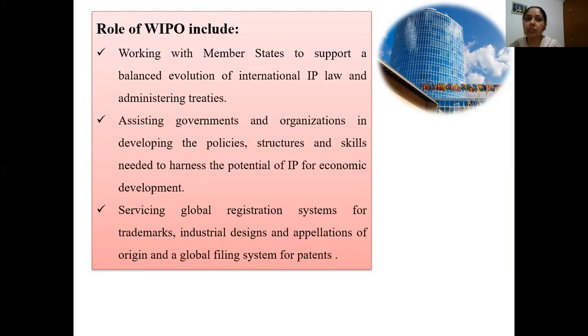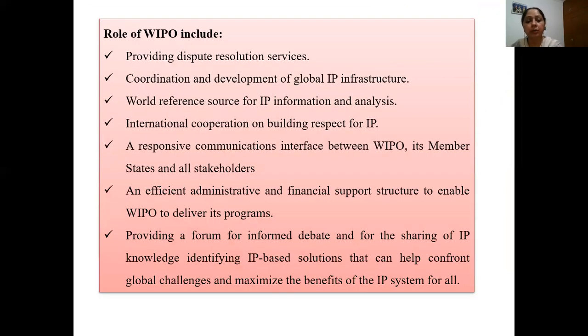So actually WIPO is responsible for maintaining uniform guidelines and uniform laws related to IP in all its member states and to promote IP at national and international platforms.